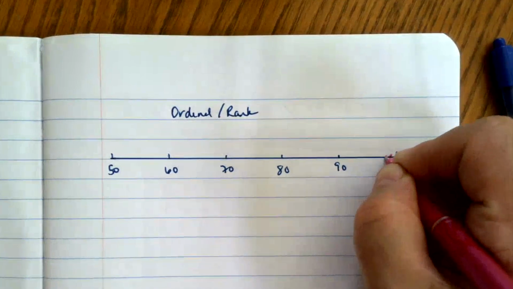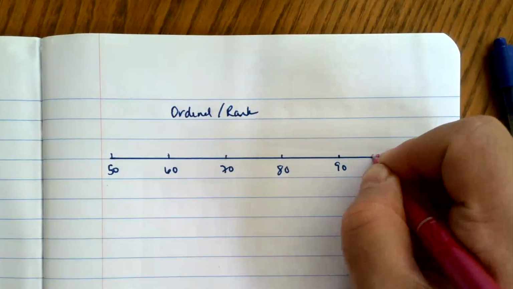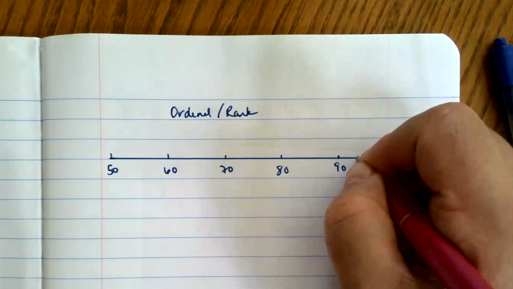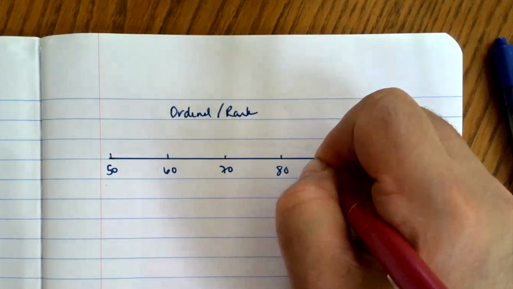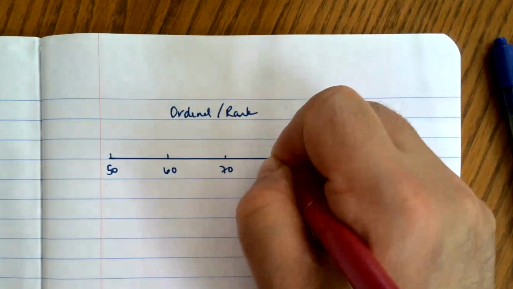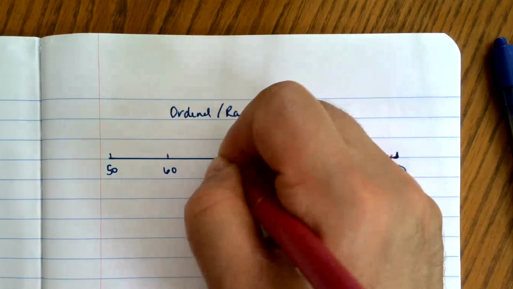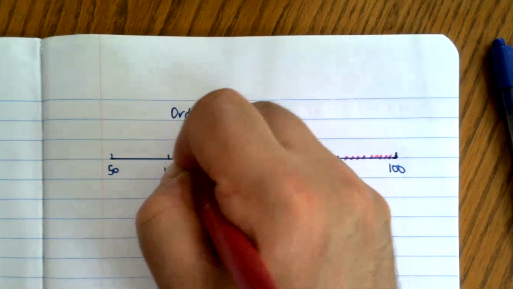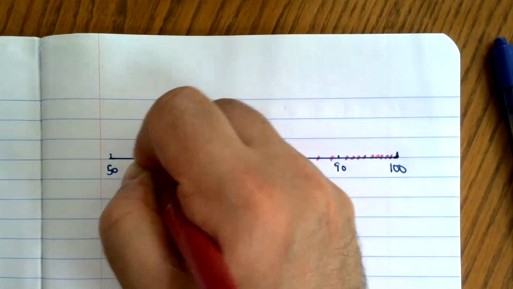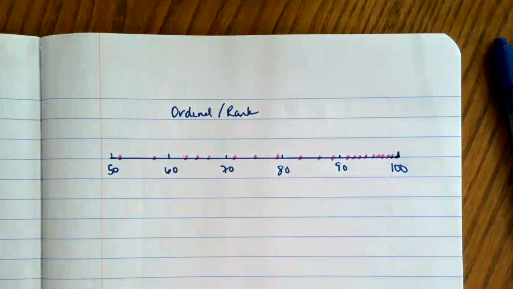So let's say there are 1, 2, 3, 4, 5, 6, 7, 8, 9, 10, 11, 12, 13, 14, 15, 16, 17, 18, 19, 20 students. Okay.